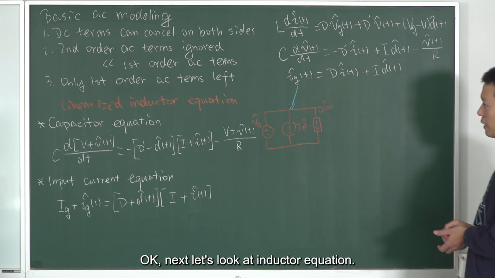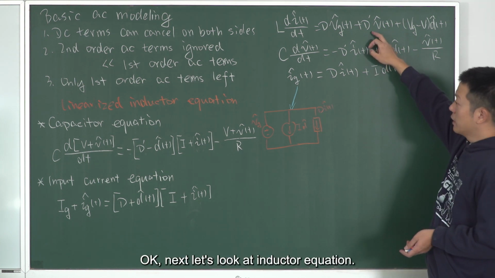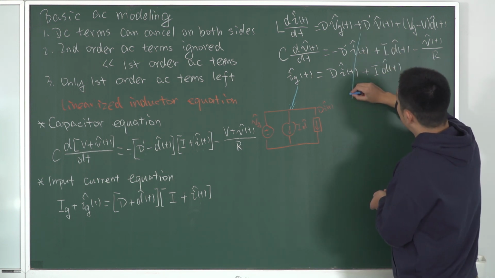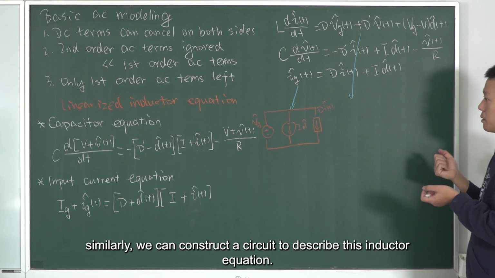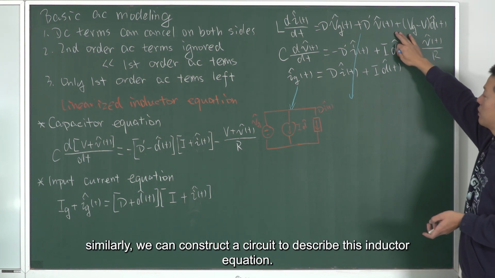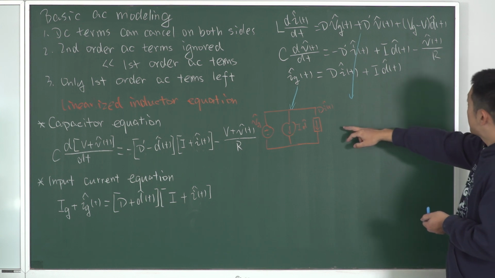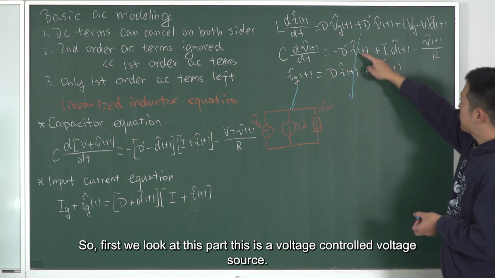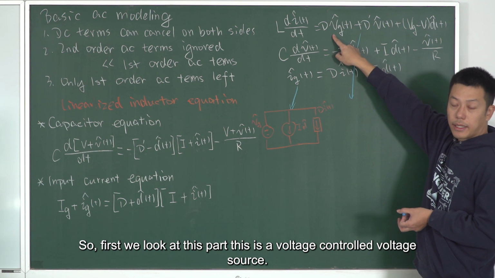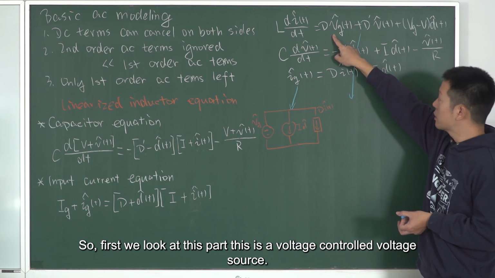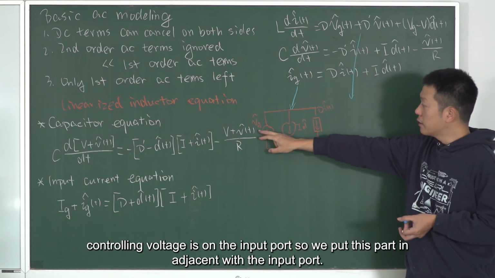Okay. Next, let's look at the inductor equation. Similarly, we can construct a circuit to describe this inductor equation. So first, we look at this part. This is a voltage-controlled voltage source. The controlling voltage is on the input port.